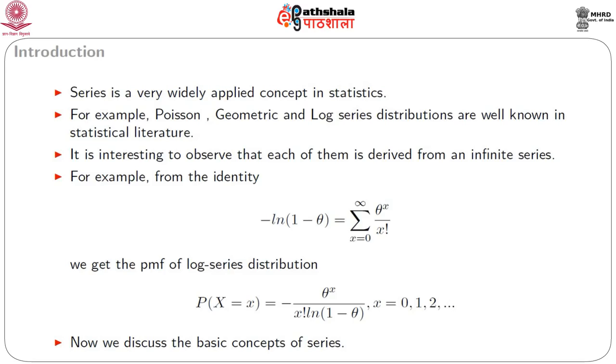For example, we can look at the identity that minus log(1 minus theta) equals summation x from 0 to infinity theta to the power x by x factorial, for theta lying in the open interval (0, 1), and we get the PMF of the log series distribution as probability X equal to small x as minus theta to the power x by x factorial multiplied by log(1 minus theta), for x ranging from 0, 1 up to infinity. Next, we shall discuss some basic concepts of series.